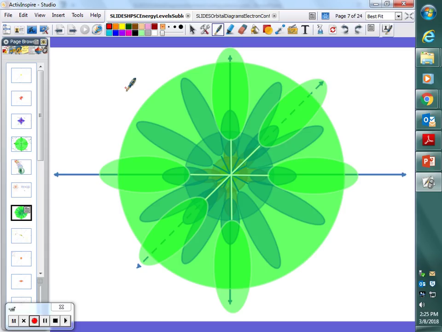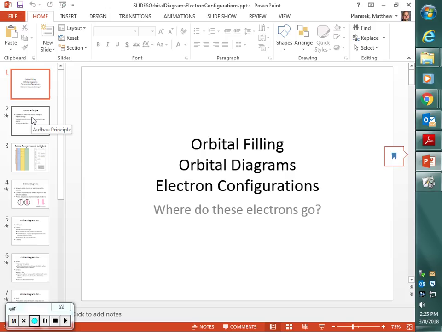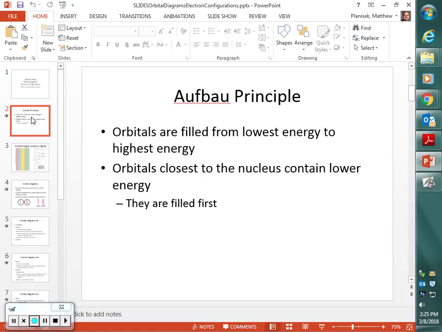How much energy an electron has in that orbital. And that idea is summarized in our first rule of orbital filling, and that is the Aufbau principle. Aufbau principle says orbitals are filled from lowest energy to highest energy.